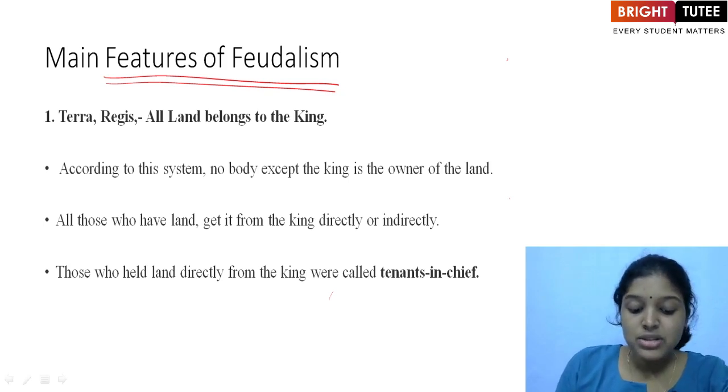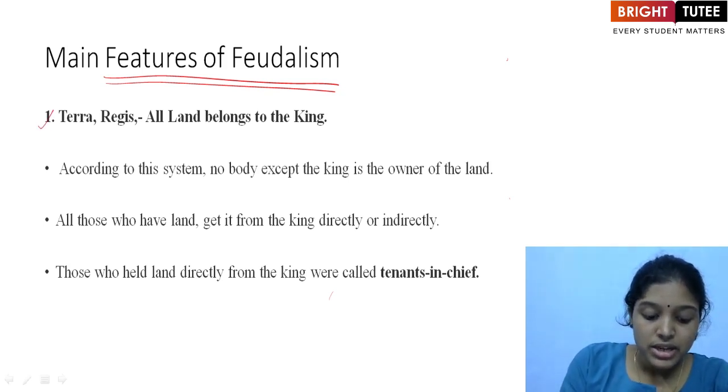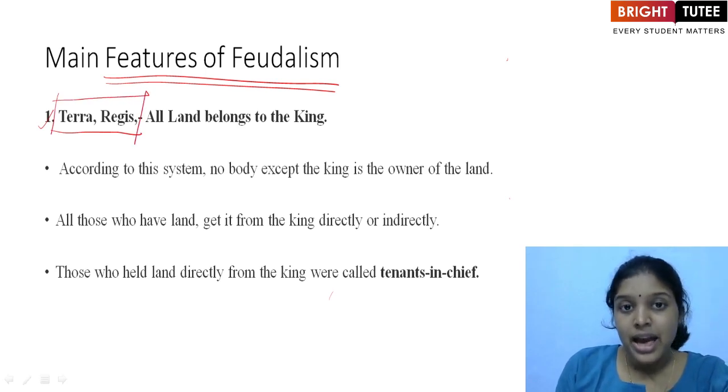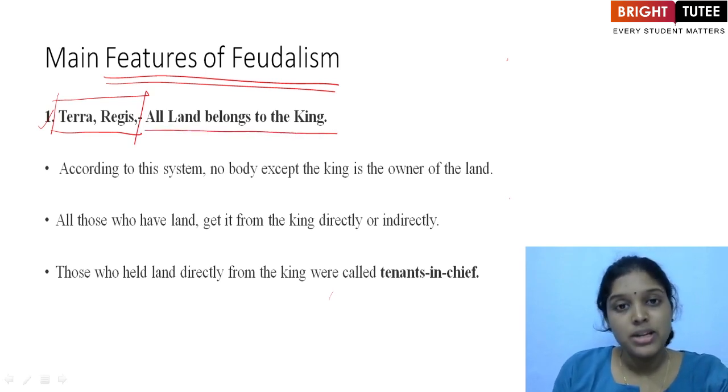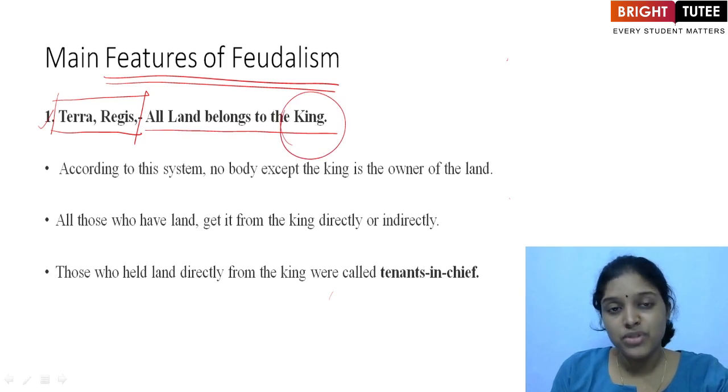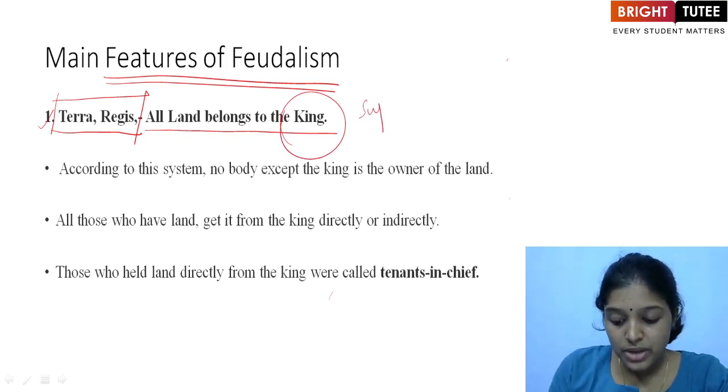The first feature is terra regis. This is a Latin term and the meaning of it is all land belongs to the king. So the king becomes the most important figure, the supreme authority.